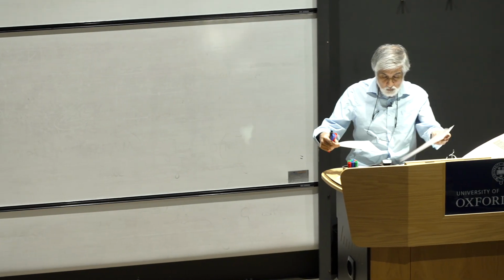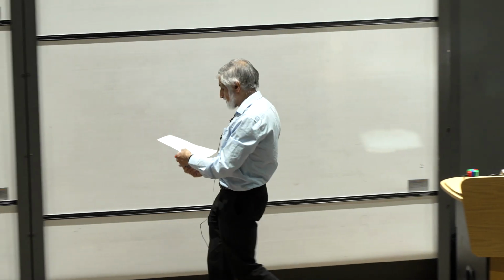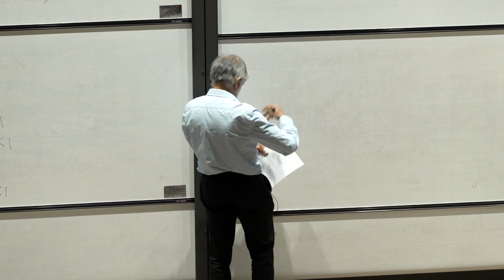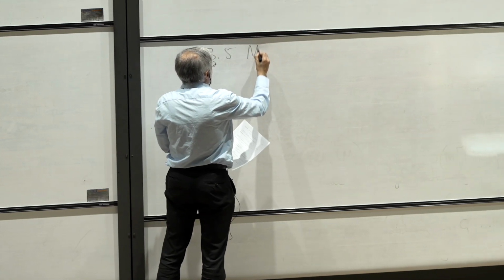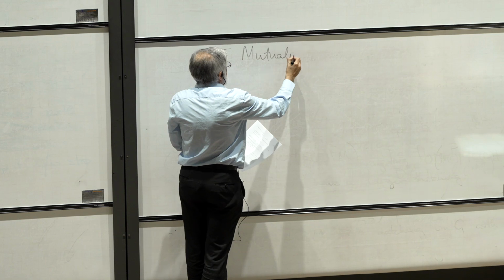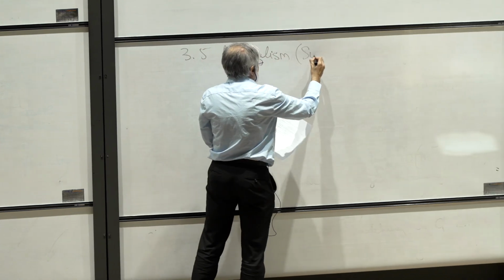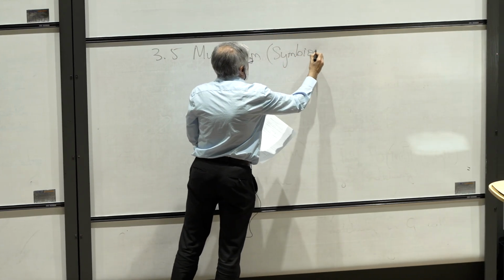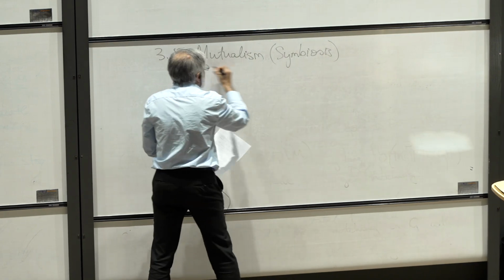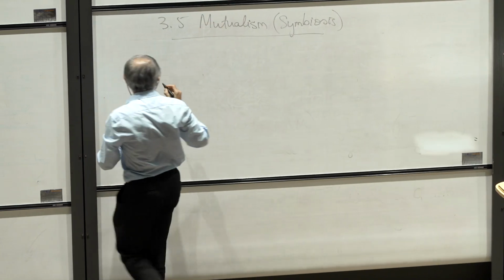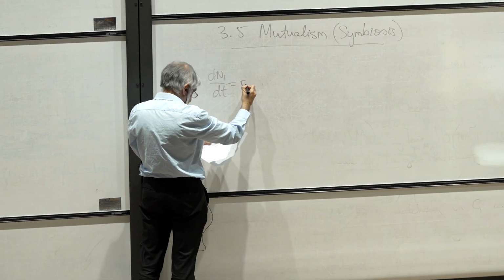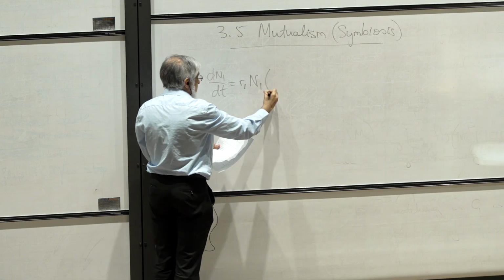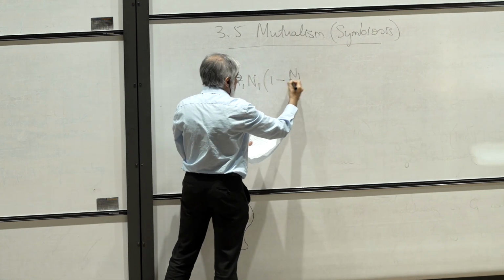So then the last one is mutualism symbiosis. And this is where each species increases the growth of the other species.